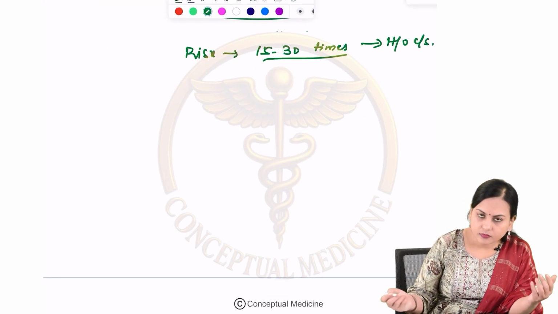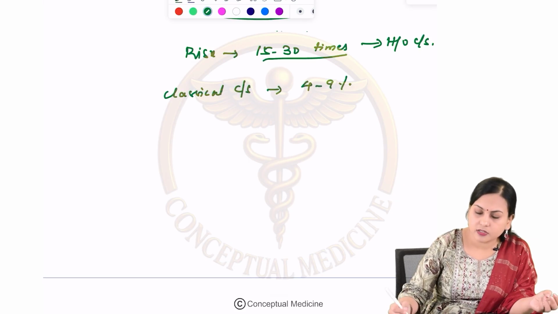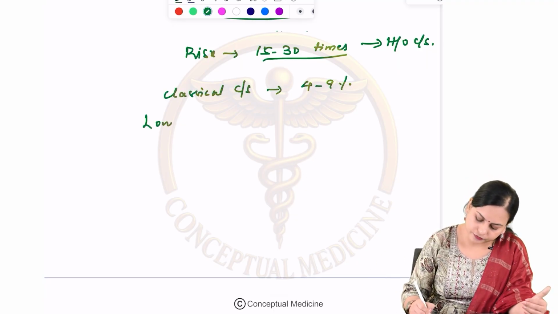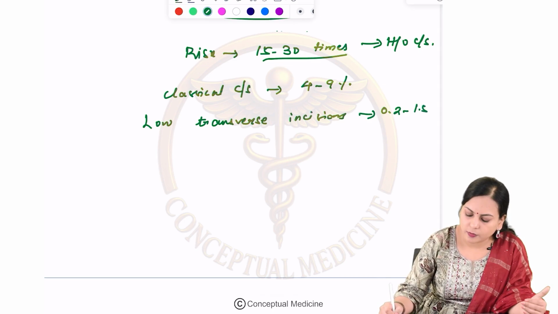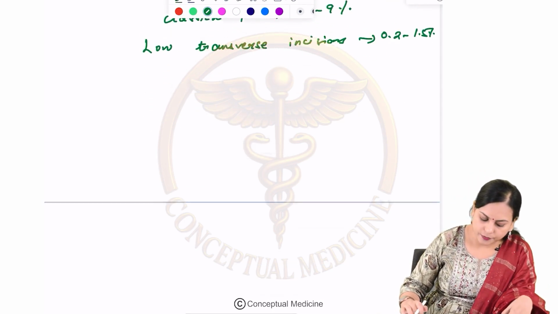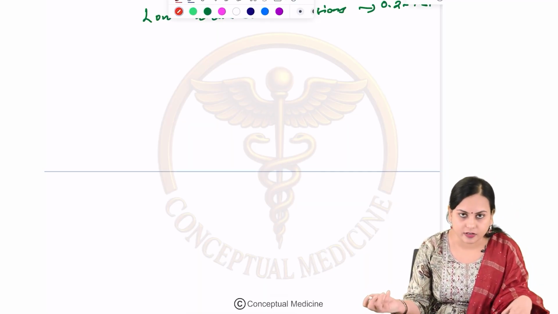So, the cesarean section scars like classical cesarean section has a risk around 4 to 9% for uterine rupture, and in case of low transverse incisions, the risk is going to be between 0.2 to 1.5%. Clear? Right. And also, the number of cesarean sections would also increase the risk, right?